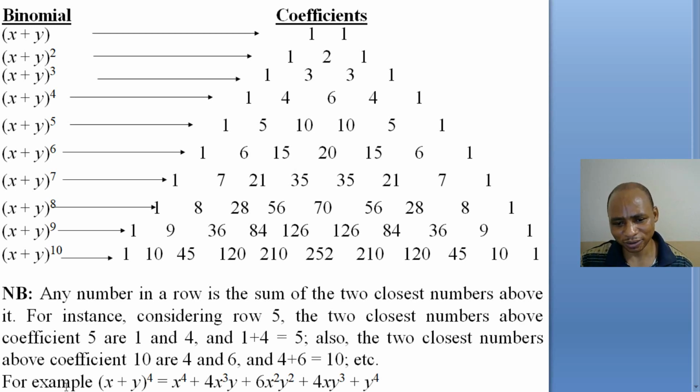So with this, if you are asked to simplify x plus y all raised to the power 4, the highest power of x will be 4. And the coefficient here from the 4th row, the first coefficient is 1. So it will be 1x raised to the power 4.